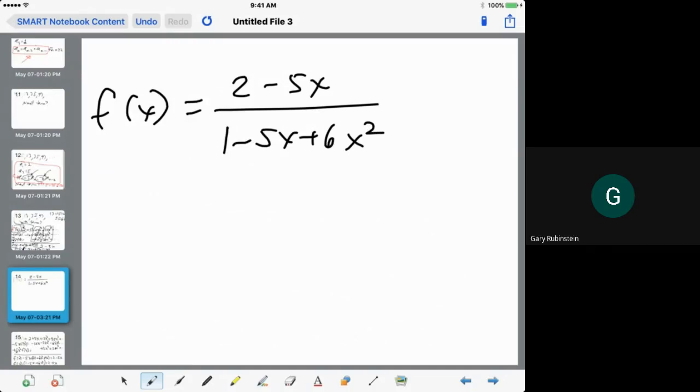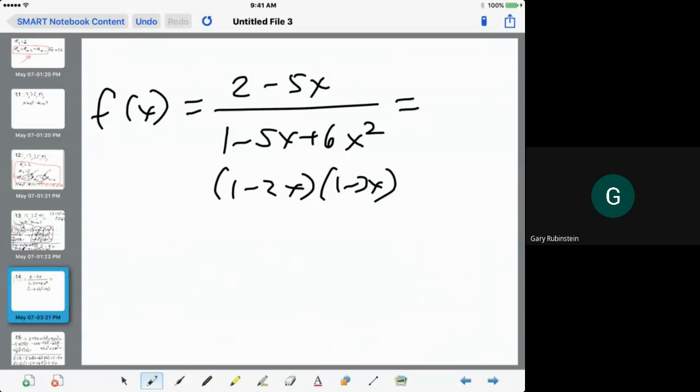And as Riley said, remember in the do now, this thing factors to 1 minus 2x, 1 minus 3x. It doesn't always factor. If it doesn't, you have to use the quadratic formula and it gets really complicated. So I made this one so that it did factor.